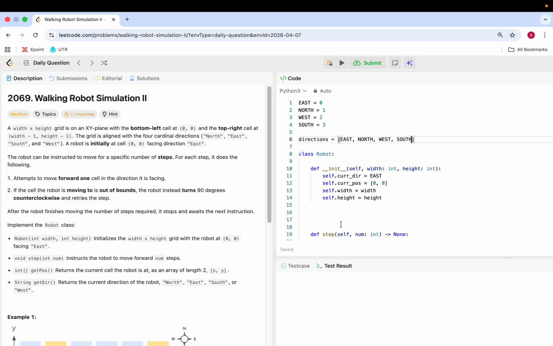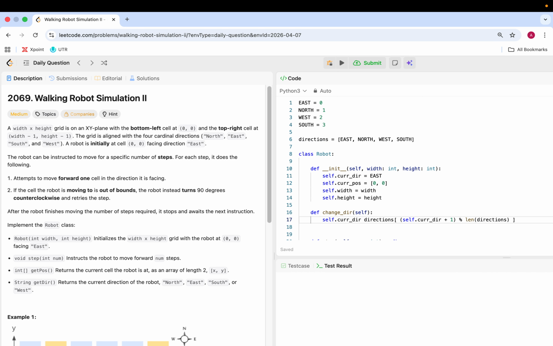And changing directions, that's a private thing. It would be a matter of saying, I have to get the next index, so self.current_direction plus 1, mod that by the number of directions, and that's your index, and then directions at that index is self.current_direction.